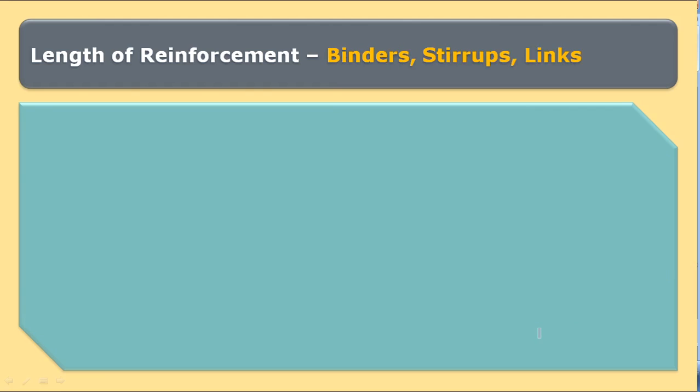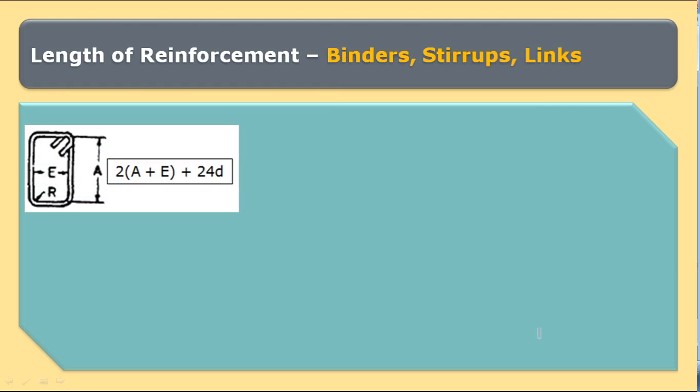Similarly, the length of binder, stirrups and link is calculated as for a rectangular stirrup with hook. Length of a single stirrup is equal to 2 into (A plus E) plus 24D, where A is the vertical distance measured from center to center of the stirrup reinforcement, and E is the horizontal distance measured from center to center of the reinforcement.